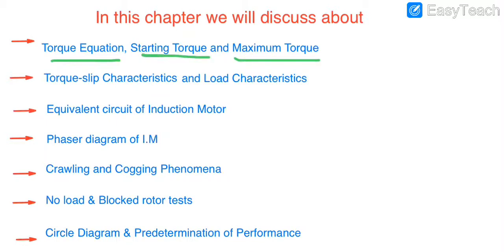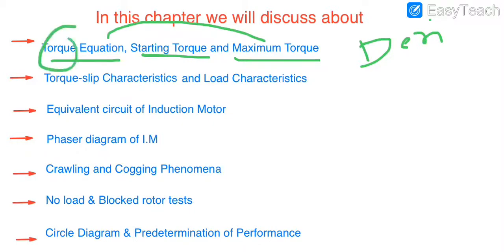These are all first-topic items from the derivation point of view, so we have to derive these equations, and we have to relate the torque equation, that is the full load torque, to the maximum torque and the starting torque. That is the first topic.